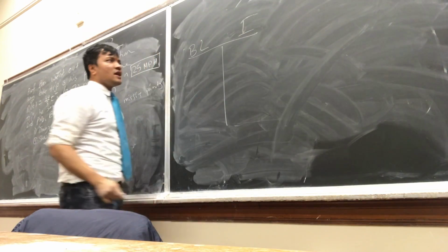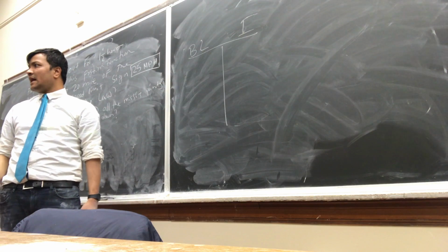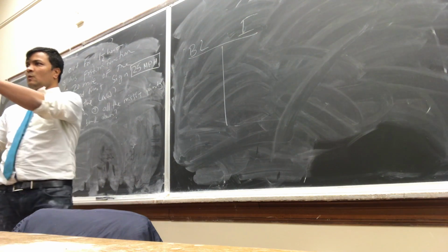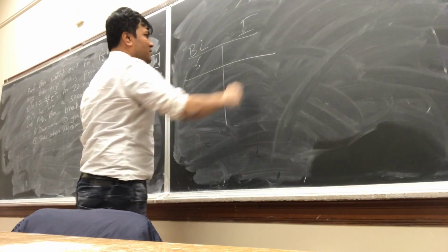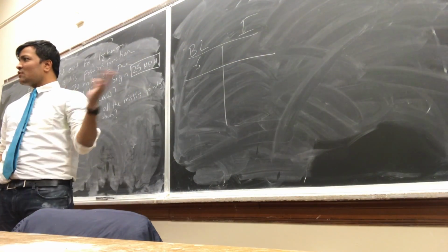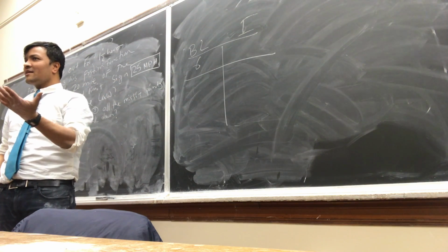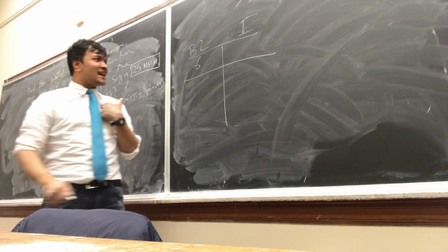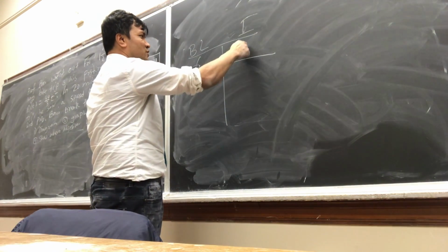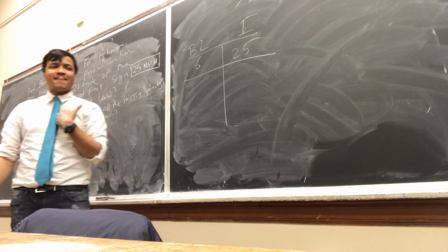How many people think I broke the law? Raise hand. 1, 2, 3, 4, 5, 6. Okay, these 6 people, you guys are very bad. And the remaining people think that I did not break the law, I'm innocent. How many remaining? Like 25.